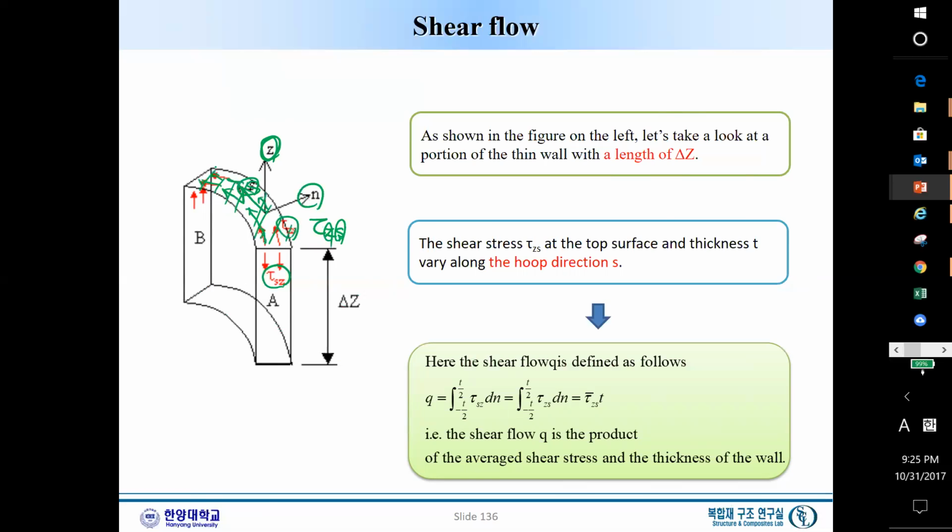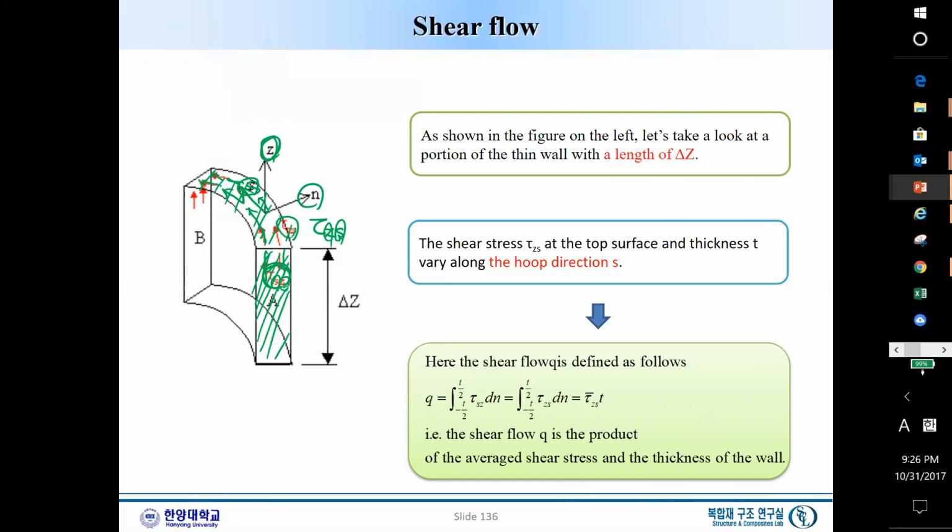Now, a very important point in this observation is that this tau Sz is acting on this surface. We can call it the S surface because this is an S surface, and Z is the direction of the shear stress.